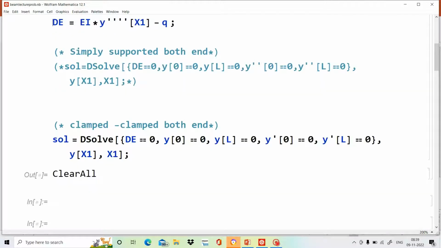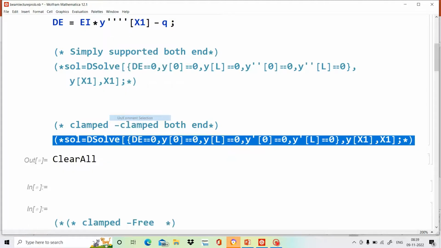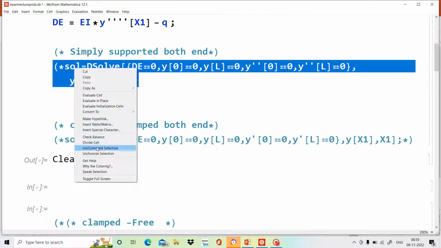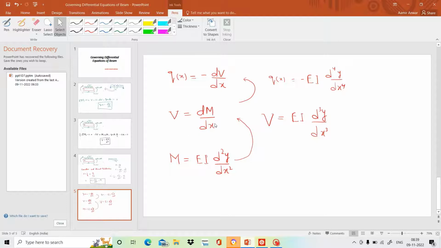Now let us start with the first one. Let us uncomment the section first of all. Yes, so for the beam simply supported at both ends, let us see what the boundary conditions will be.